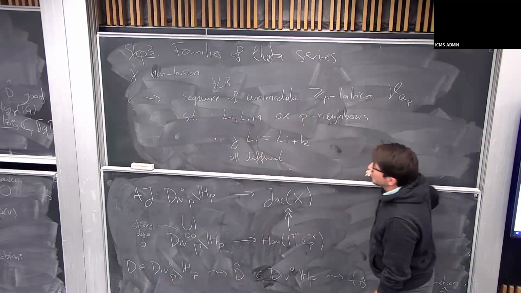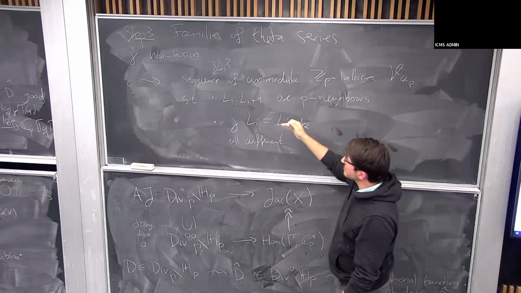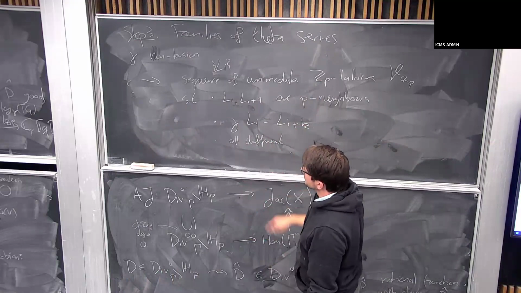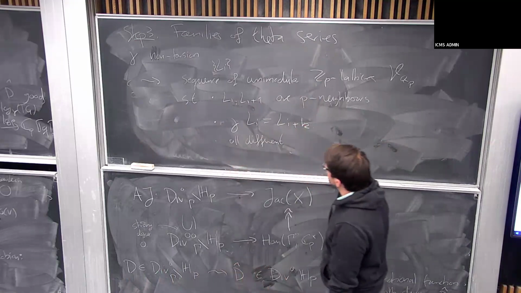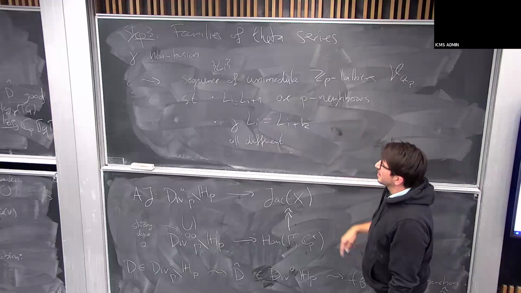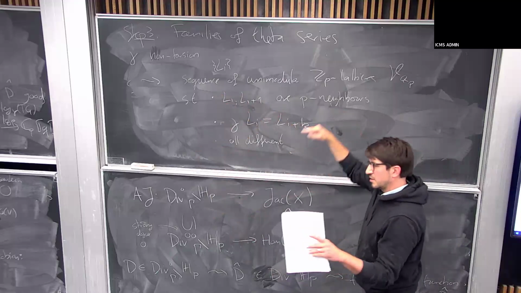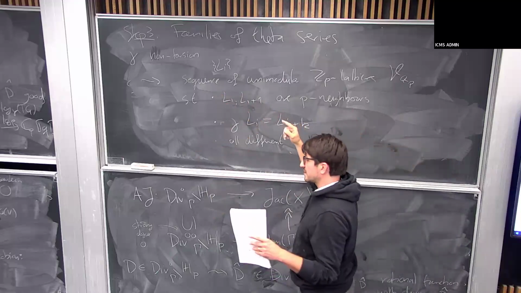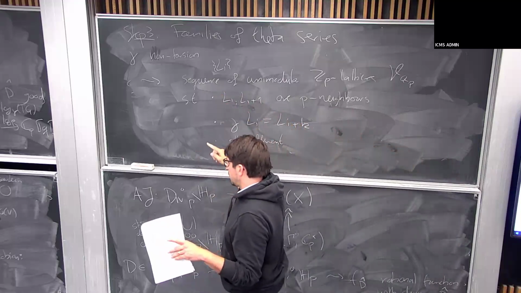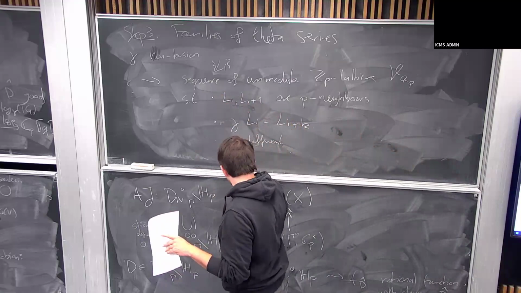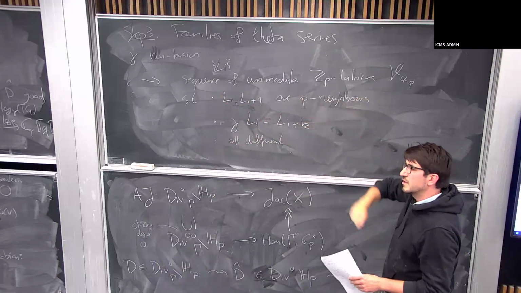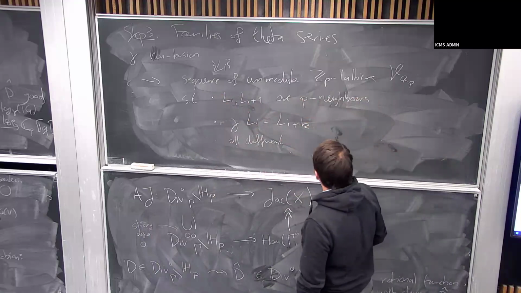How do you get these? You can realize the Bruhat-Tits tree as the tree where the vertices are unimodular lattices, and two vertices are connected if they are p-neighbors. Such a hyperbolic element has two fixed points on P1(Qp), at the boundary of the tree, and you just take the infinite geodesic from the one point to the other.